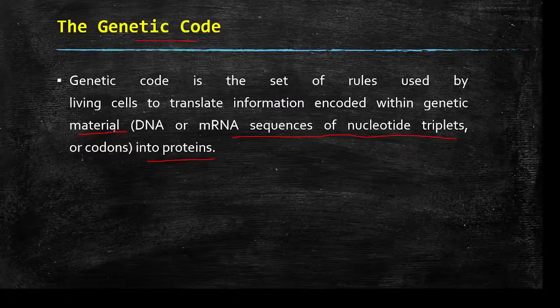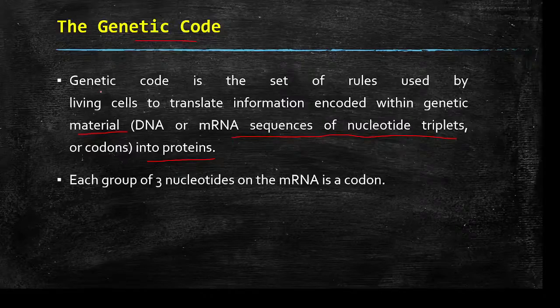So it carries the information. The genetic code precisely carries the information about what amino acid has to be added at a particular point of protein synthesis. So the sequence of amino acids present in a particular protein is decided by the sequence of genetic code that is received during translation.